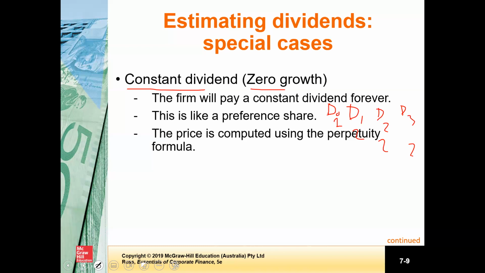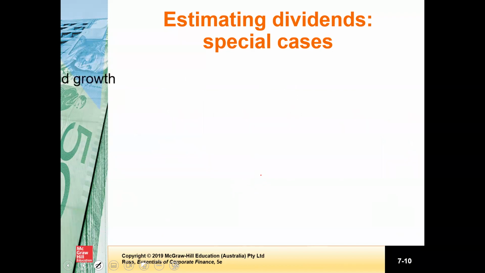When it's a constant dividend, it's the same dividend, for example $2 every year forever. That's why we use the perpetuity formula: dividend divided by required rate of return. For example, in this case $2, if your required rate of return is 10%, this is how you will calculate the value of the share with constant dividend or zero growth.